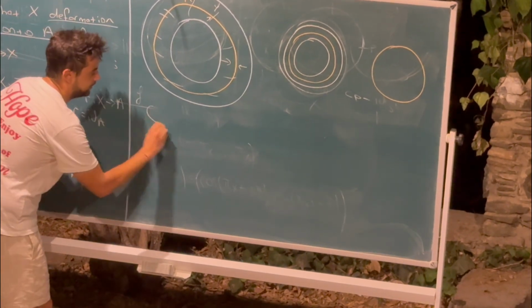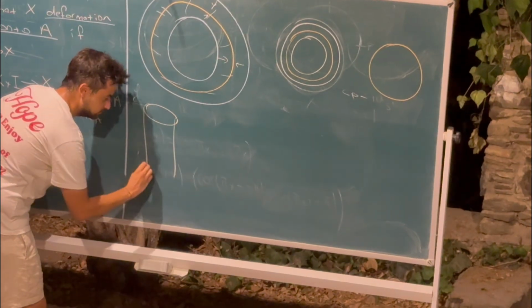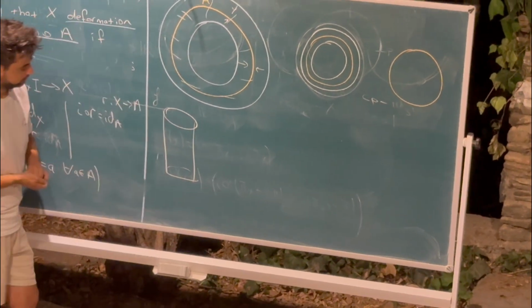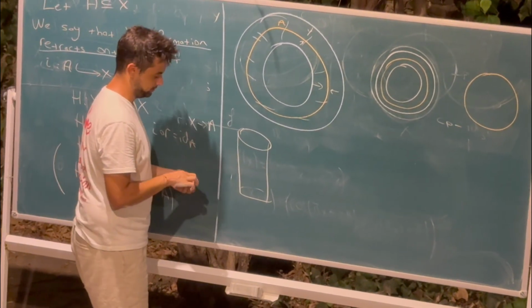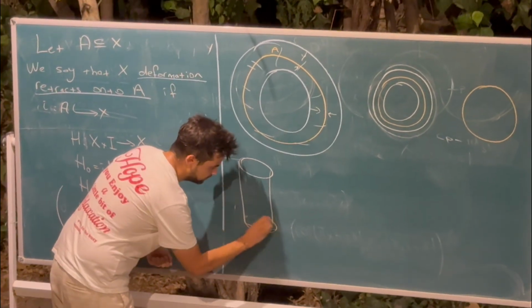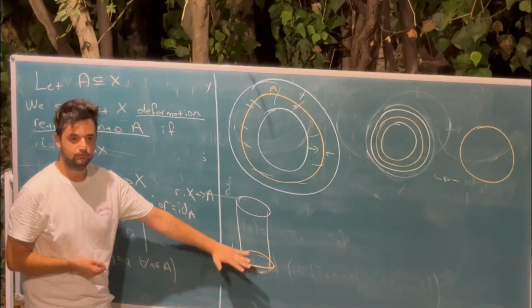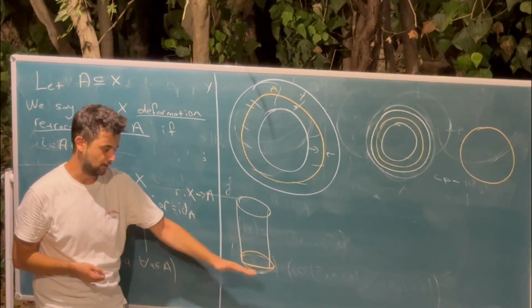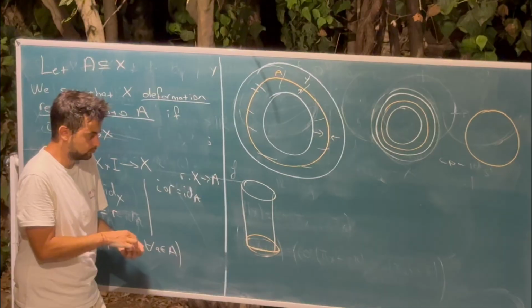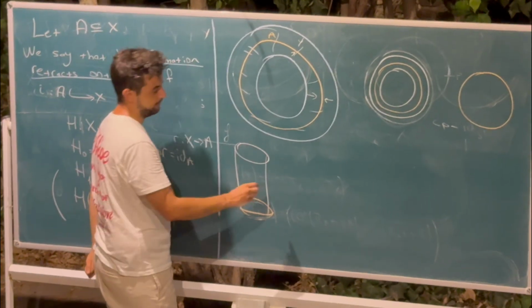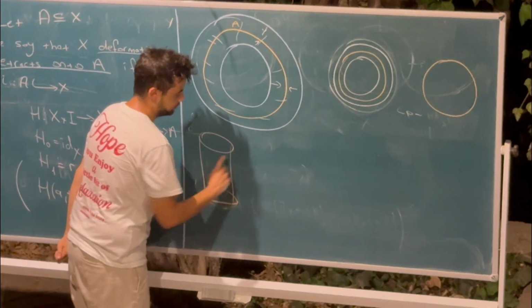Another example is if you have the cylinder, and maybe this is your subspace, the bottom, and you can push it down, deformation retract onto the bottom. Let's try to write down the map for this. What is a cylinder?